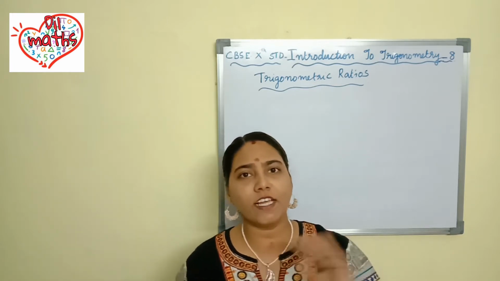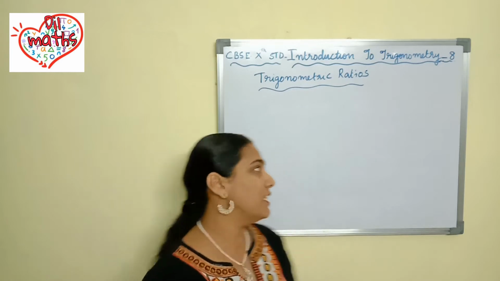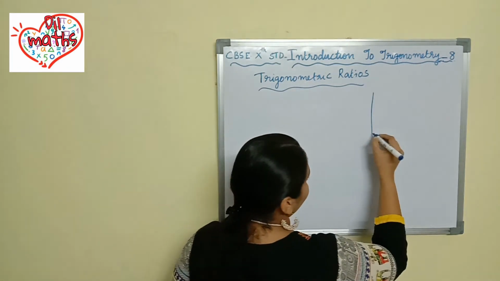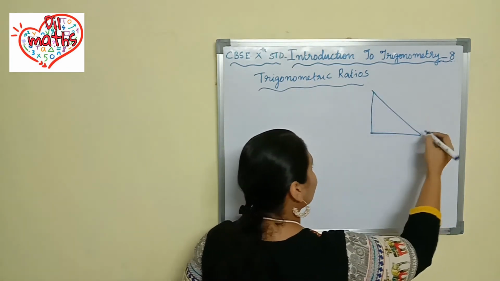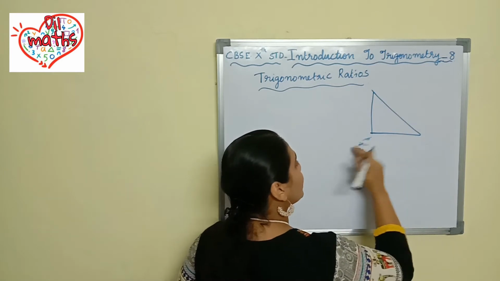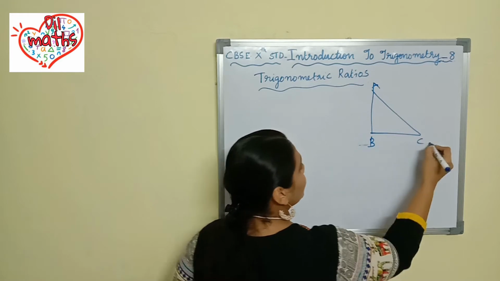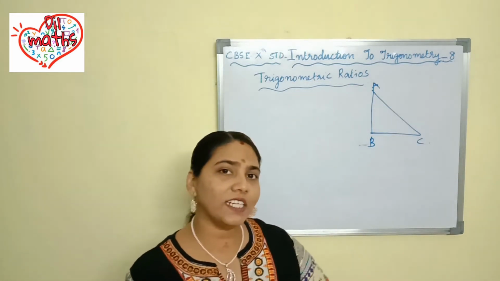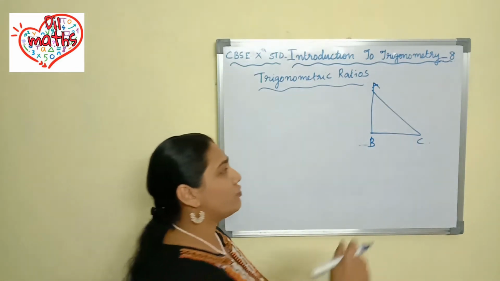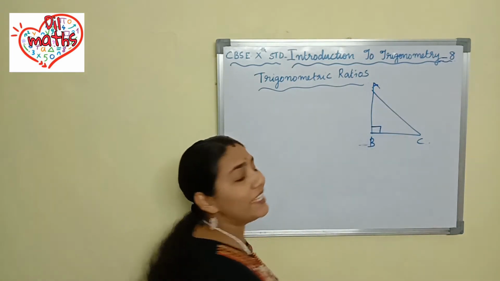Okay, so first we are going to consider a right triangle ABC. I am taking A, B, C. So this is a right angle triangle, and which one is the right angle here? Angle B is the right angle.